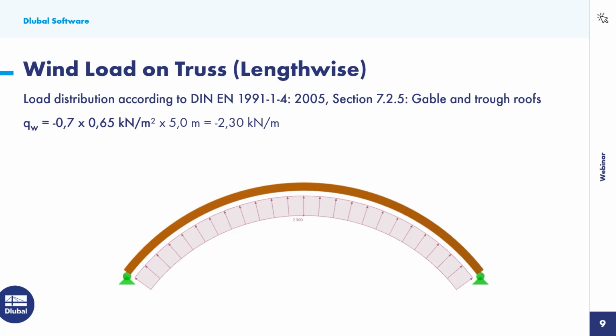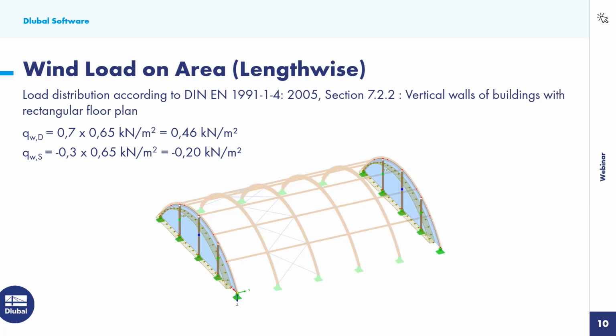Just like we saw for the other type of wind, we also need to look here at the wind load on the area in Y direction, which would be according to DIN 1991-1-4, section 7.2.2 for vertical walls of buildings with rectangular floor plan.